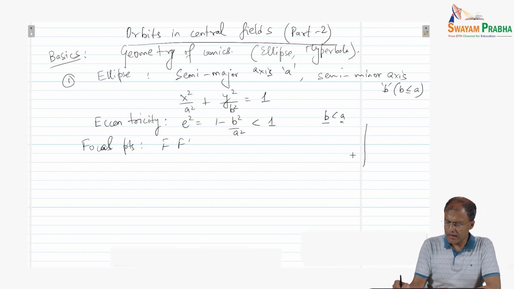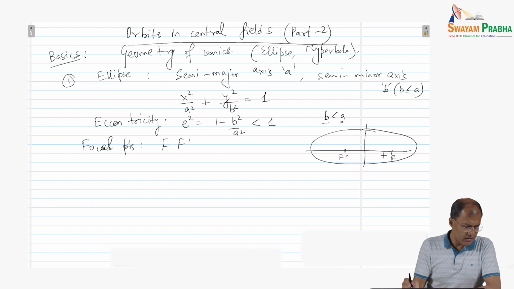So let me draw an ellipse that will make more sense when we talk about these points. These are the two focal points, F and F prime, and my radial distance is always with regards to a certain focal point. Radial distance is r, and theta is the angle that the radial distance makes with the x-axis. So my x-axis is the following, and the point is here A. This point is 0 comma B, and this point is A comma 0.